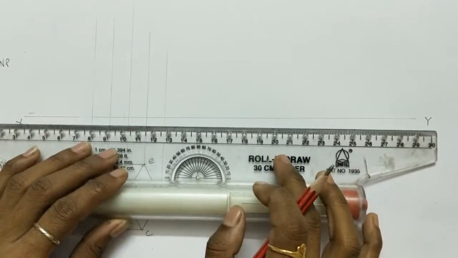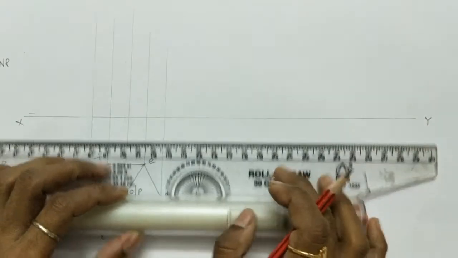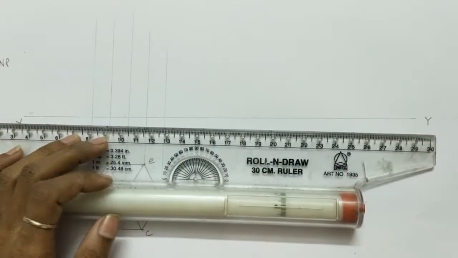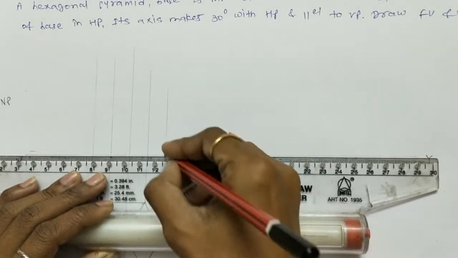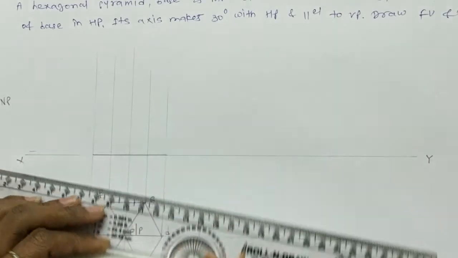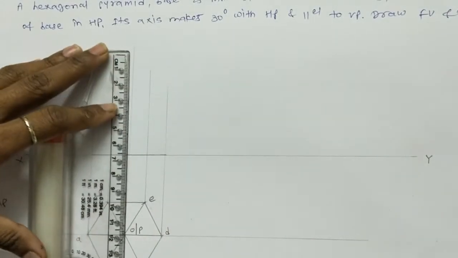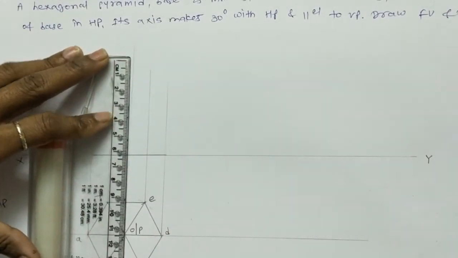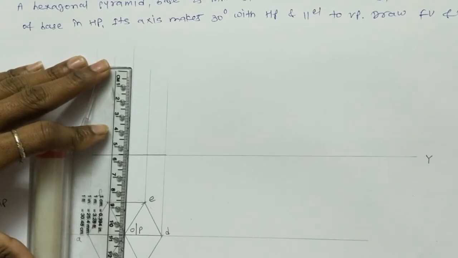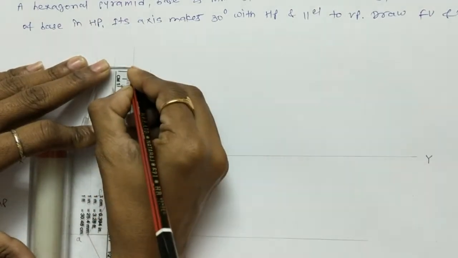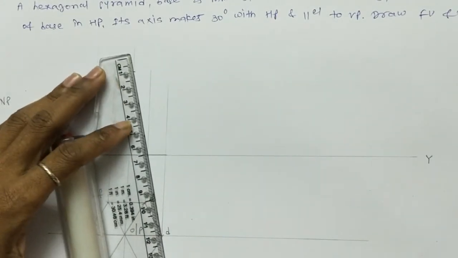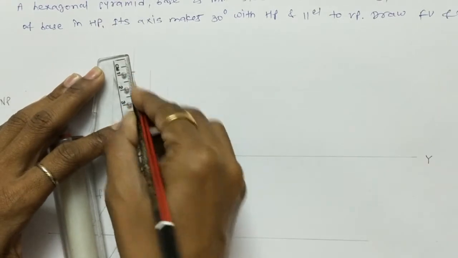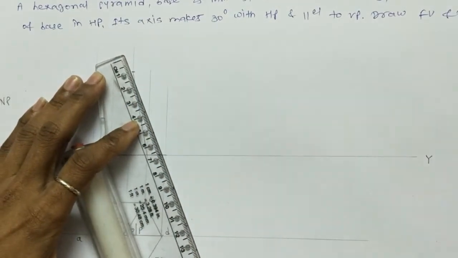Now, as we know, the pyramid has apex at top. And 55 mm long is given. So measure 55 at center, and this is the apex point. Now join all these points by slanted lines.